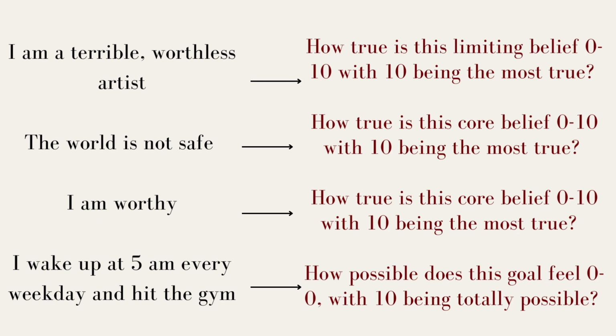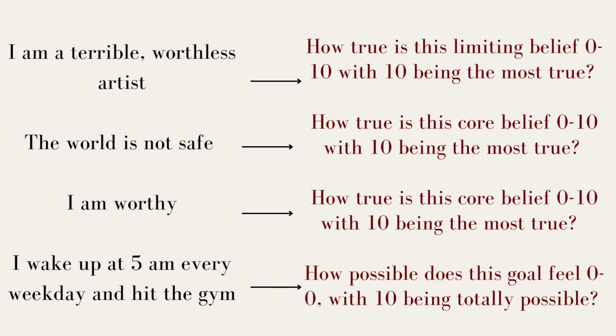of how this statement could play out in their life. Okay, how possible is it for them to actually show up at 5 a.m. and go to the gym, right? So it can measure truth and it can measure possibility of change. So let's say they say it feels like a 5 out of 10 possible.